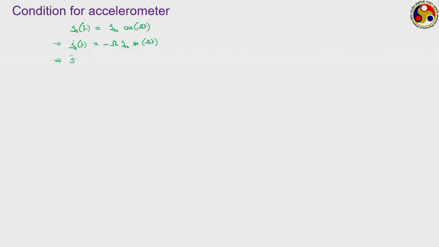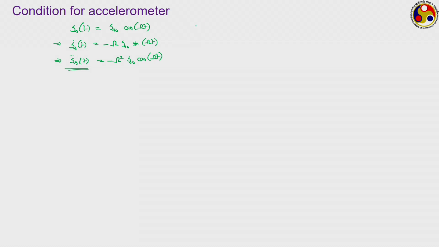So, we are differentiating it once more, that is the velocity part is being differentiated with respect to time again. So, we have minus omega square S S O cos of omega t. So, this is the imposed acceleration of the vibrating member. Now, look at our instrument.